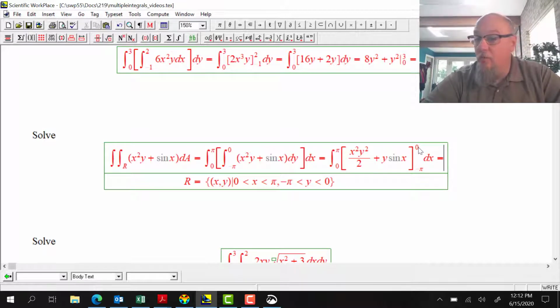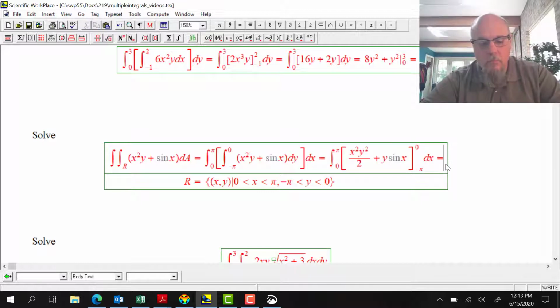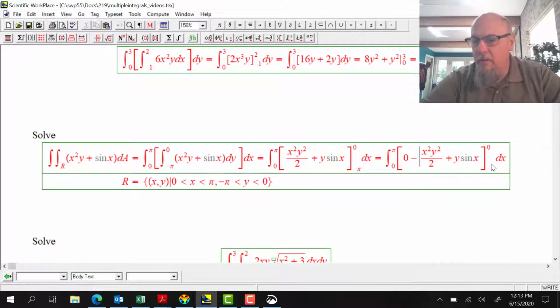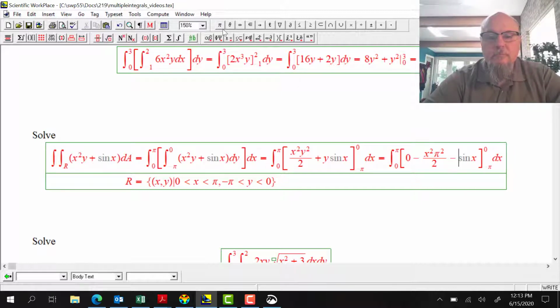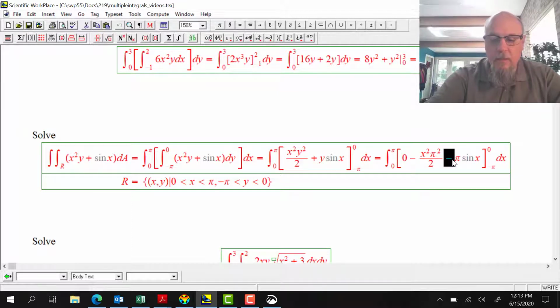So when I sub in 0 for y, I get 0, so this whole thing ends up being 0, minus, when I sub in minus pi, squared is just going to be pi squared, and that's minus pi. So it's minus a minus. So this will become a plus because I'm subtracting the whole thing.